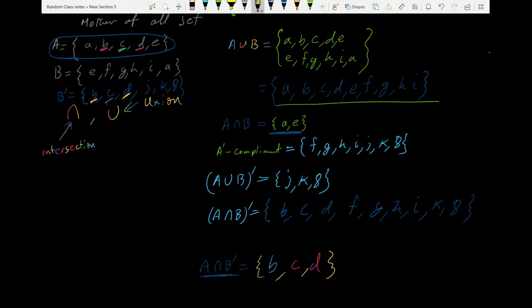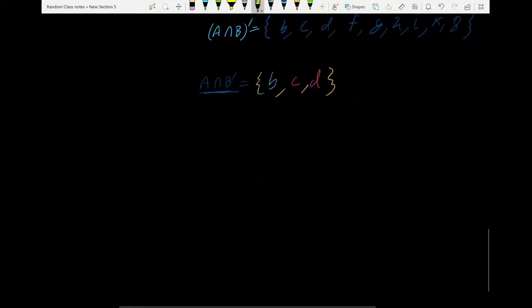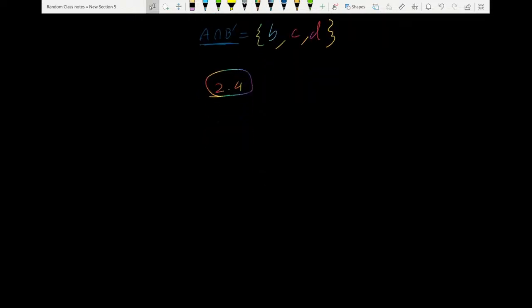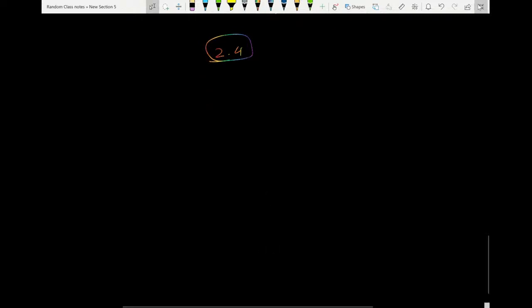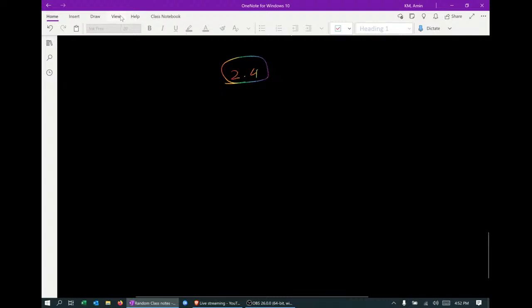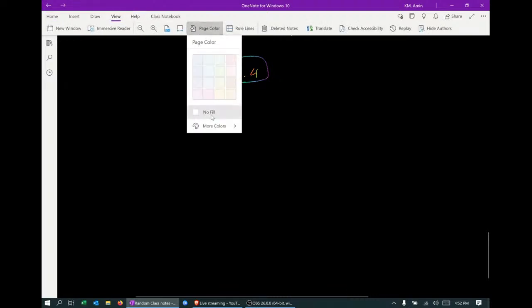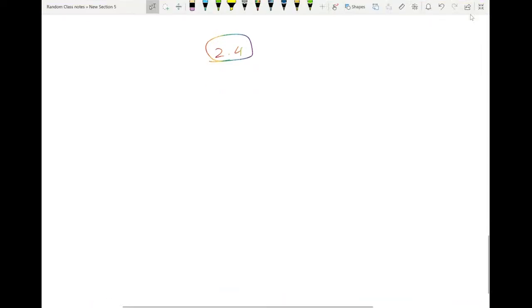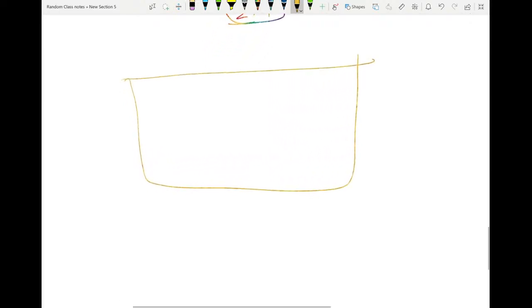So for the next section, what is 2.4? I'm not going to cover 2.4 today. For that, try to get a lot of color highlighters, different types of highlighters. Here's the reason why. Let me change the color of it, and you're going to see why that matters. No fill. And let's say I'm looking at this scenario.